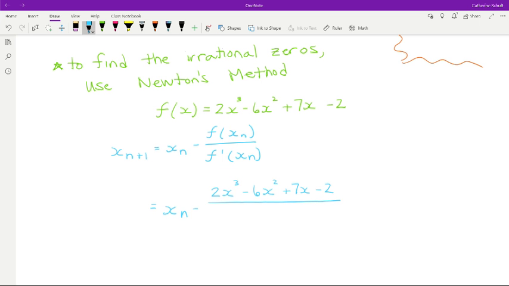And then the derivative, let's see, is 6x squared minus 12x plus 7. We can do this as we go. Okay, so we have to find x1.